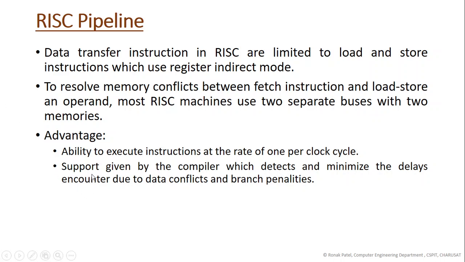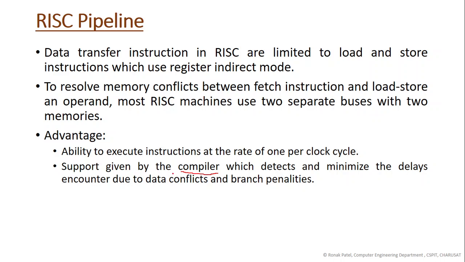And another advantage is the support given by the compiler, which detects and minimizes the delays encountered due to data conflicts and branch penalties, right? So the compiler, I think whatever doubt you have, this is the answer.